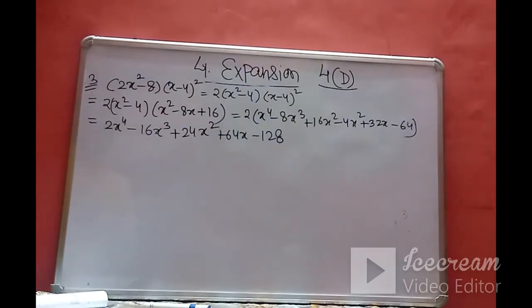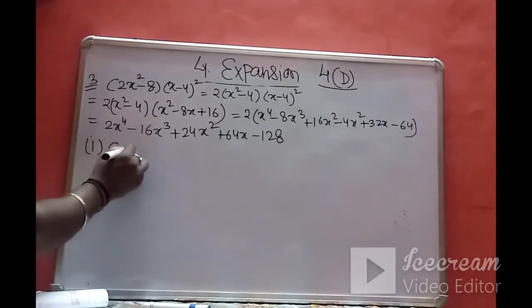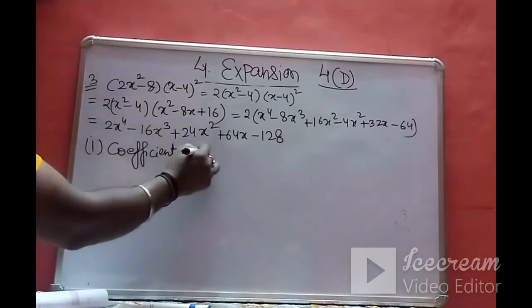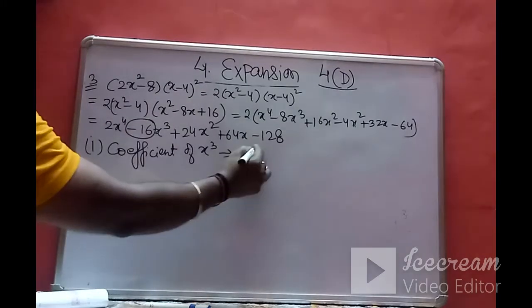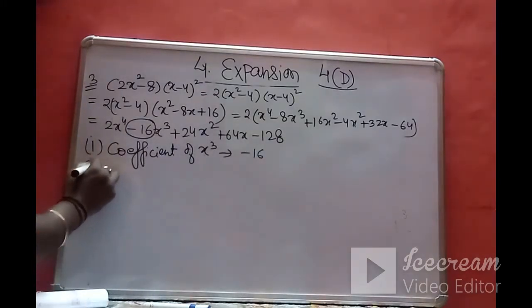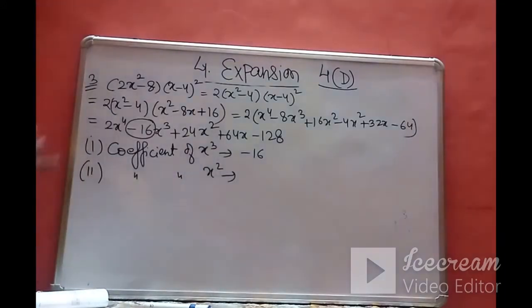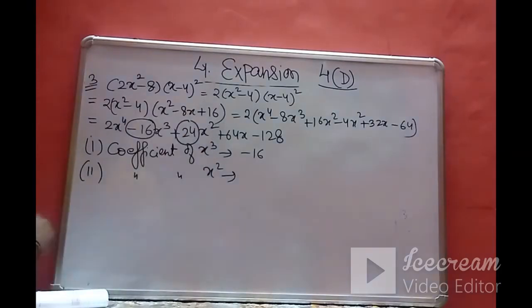Now we will find the values. And how will we find the values? First is the coefficient of x cube. So what is the coefficient of x cube? Minus 16. Okay. Then we have to find the coefficient of x square. So the coefficient of x square is plus 24.